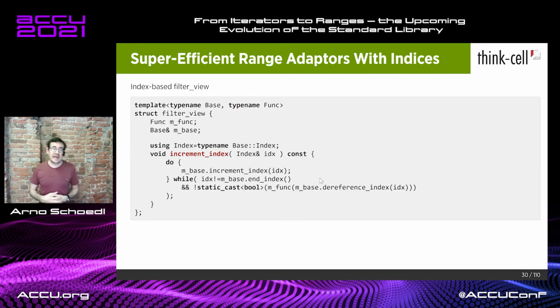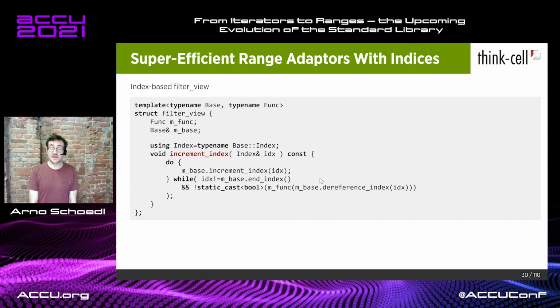Now let's see what a filter looks like. Can we be more efficient? Well, a filter view with indices would look like this. The index of that filter view is really the position of where you are in your iteration. And that's the same type as the index of the underlying range. So if you're filtering a vector, the position in the vector is still the iterator of the vector.